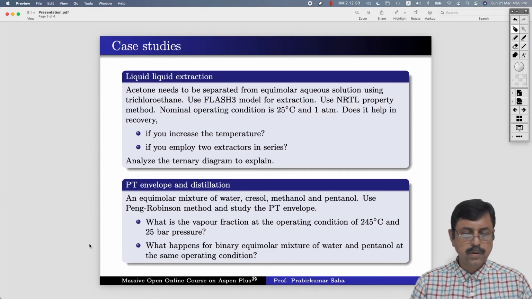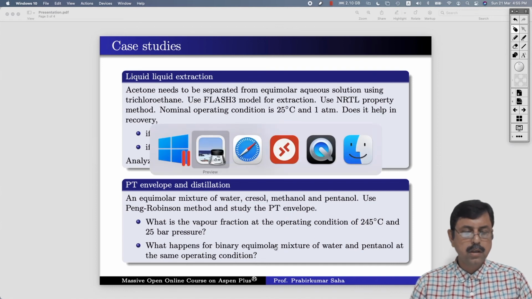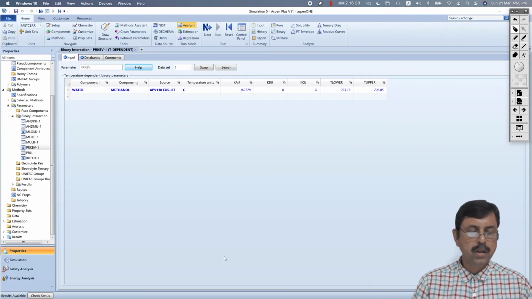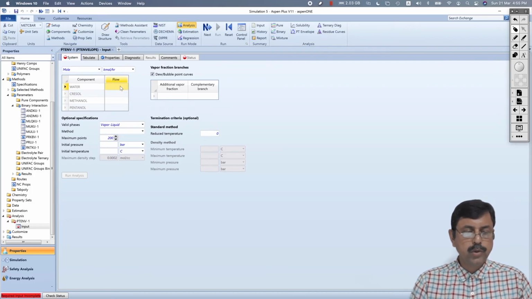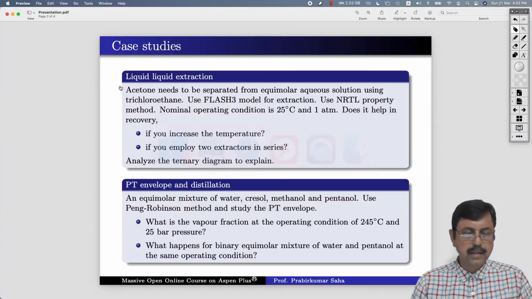Now, the first task is study the PT envelope. So, let us bring in PT envelope. Now, let us take equimolar flow rate that has been asked.